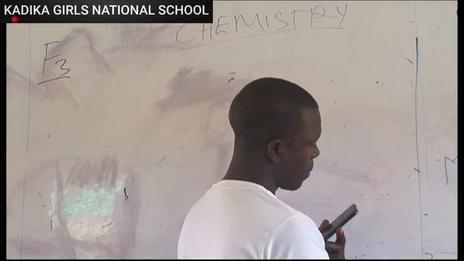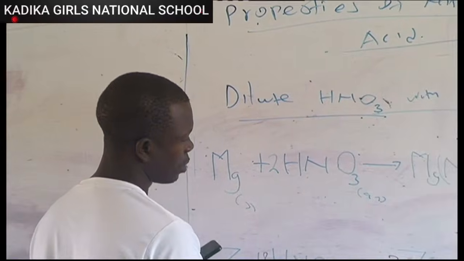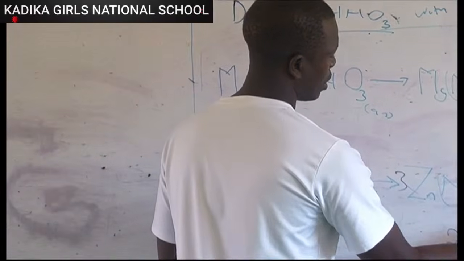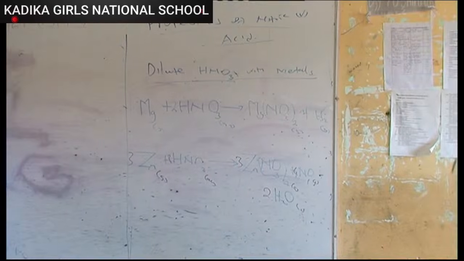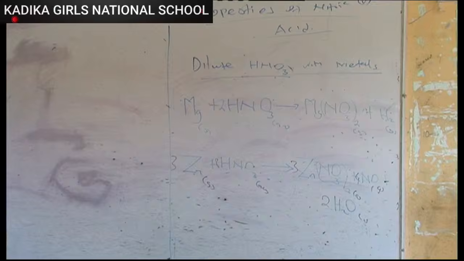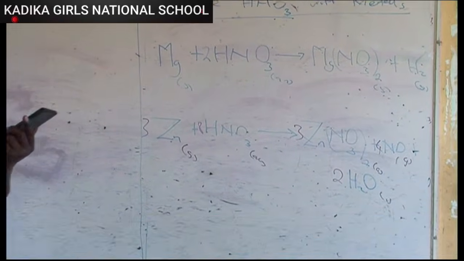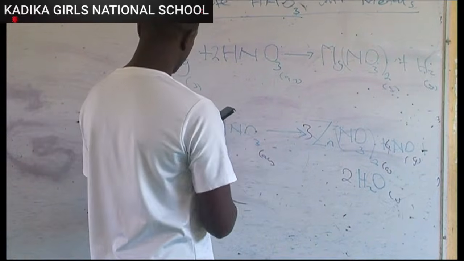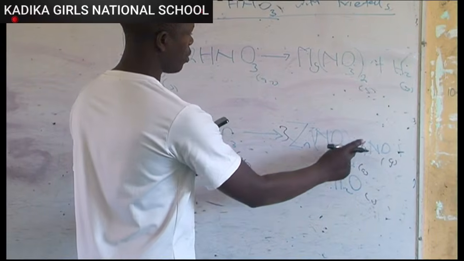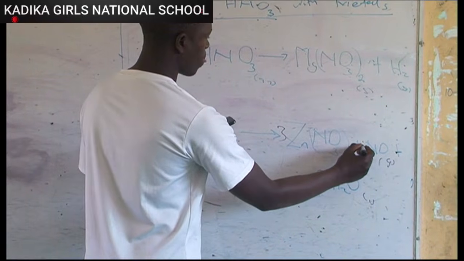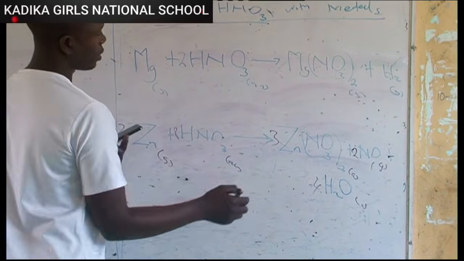So this is a solid, an aqueous, a gas, and these are liquids. So let's confirm if the equation is well balanced before we put here 2, here 4. That is when it is balanced. Now the equation is balanced.